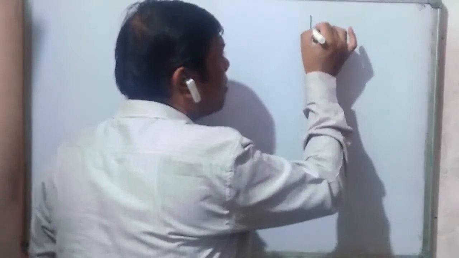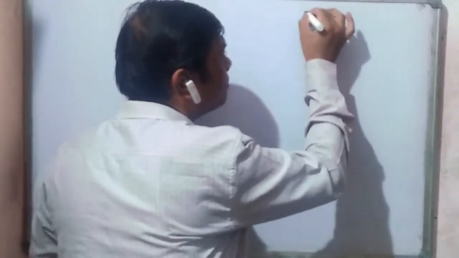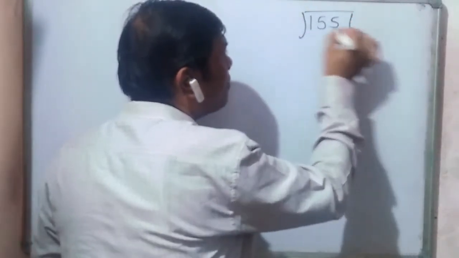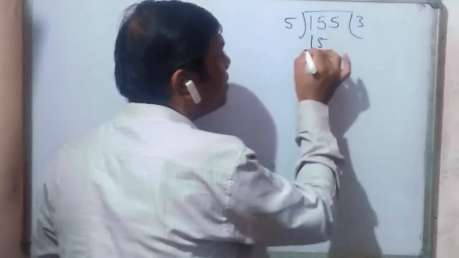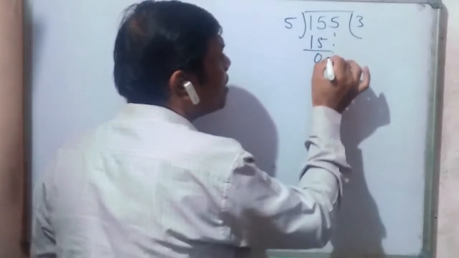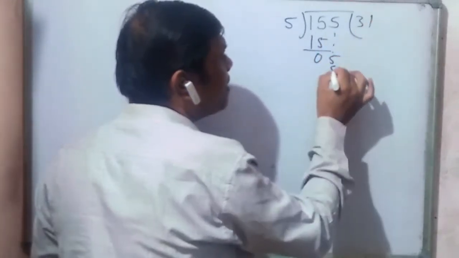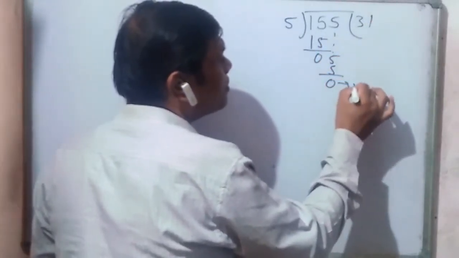Let us take the number 155. If we divide it by 5, we get 3, 3 fives are 15, remainder 0, carry down 5, 5 ones are 5, remainder 0.